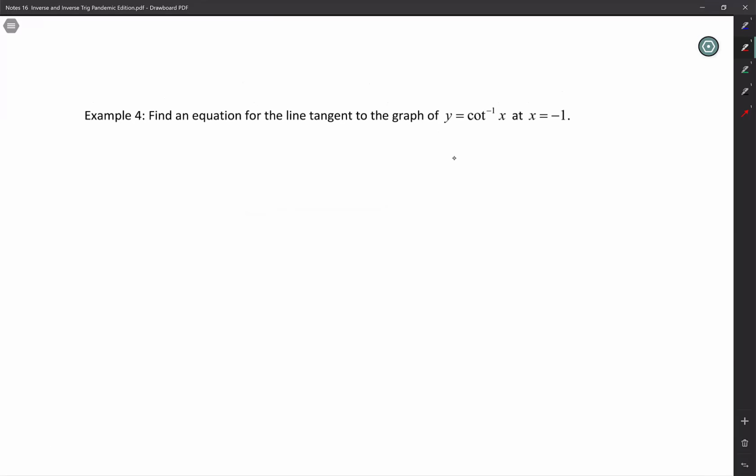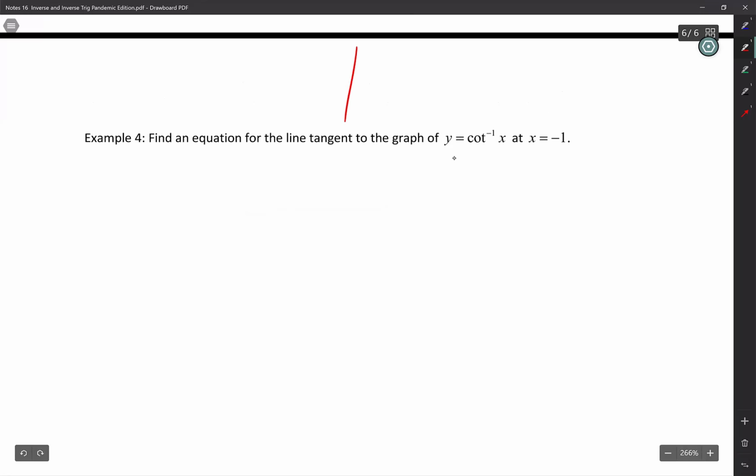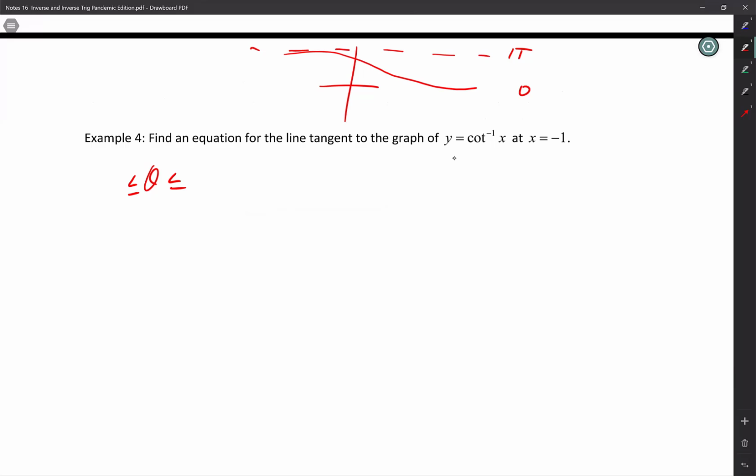All right, on this, we got to know a little bit, not that much, just a little bit. Our principal branch for cotangent x looks like this. Or does it look the other way around? Pi, 0 for arc cotangent. Yeah, so the domain for cotangent is between 0 and pi.